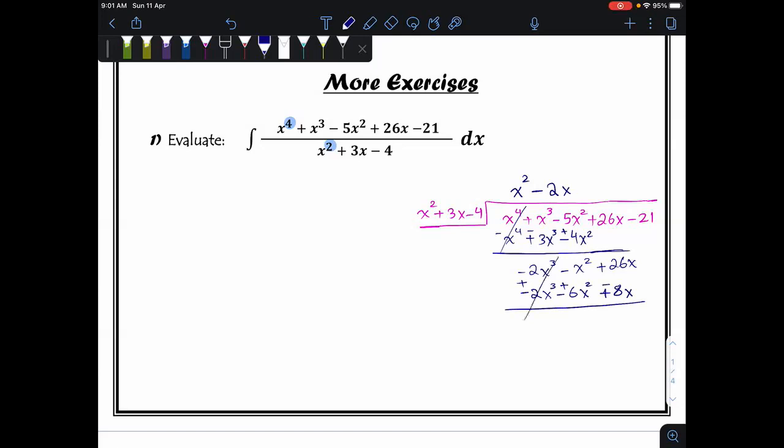Cross out this term and add up: x squared gives here 5x squared, and 26 minus 8 is 18x.